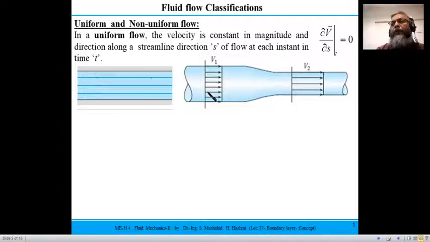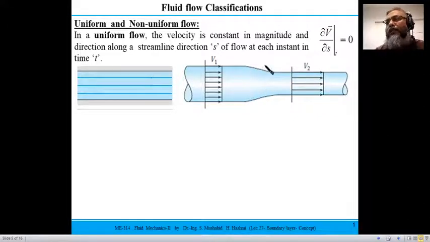So here you see a different velocity, here you see a different velocity. From this side to this side, before entering into this diverging portion, the velocity is uniform. But once it enters into this diverging portion, the velocity changes. And once it goes again into the smooth pipe without changing the cross section, then once again the velocity is uniform.